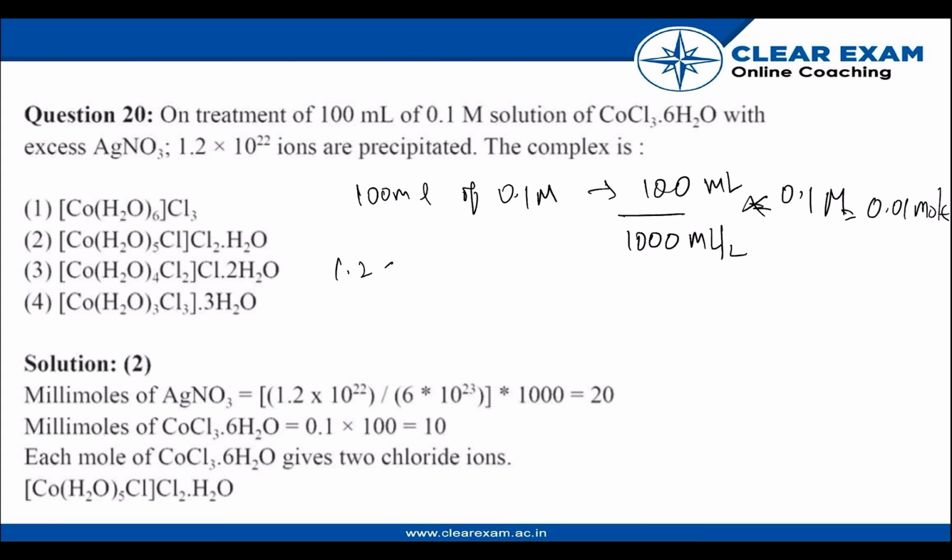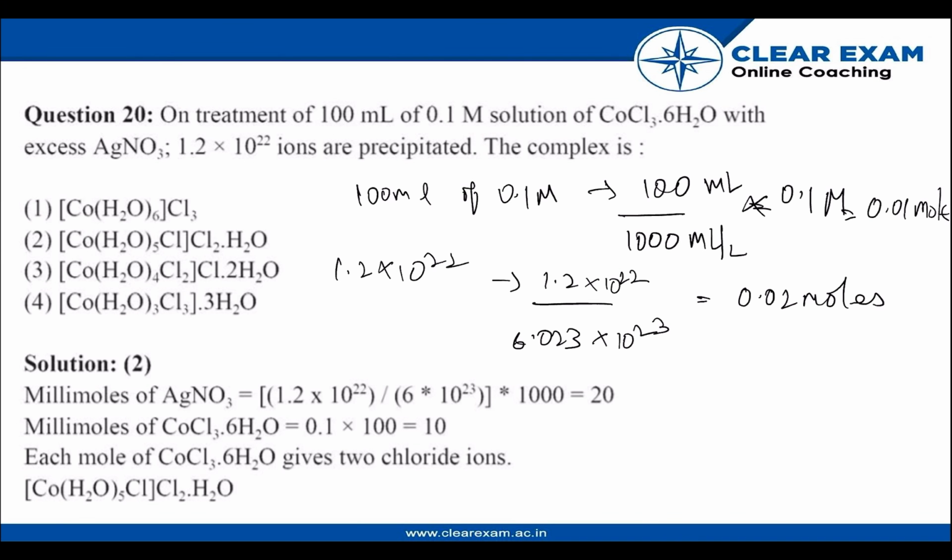And 1.2 × 10^22 ions corresponds to 1.2 × 10^22 divided by Avogadro's number, that is 6.023 × 10^23. So the answer is 0.02 moles, that is 10 millimoles and 20 millimoles.